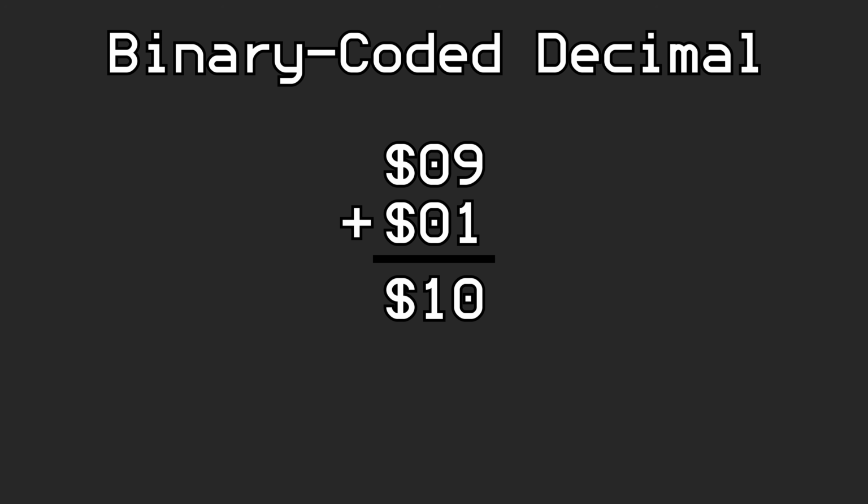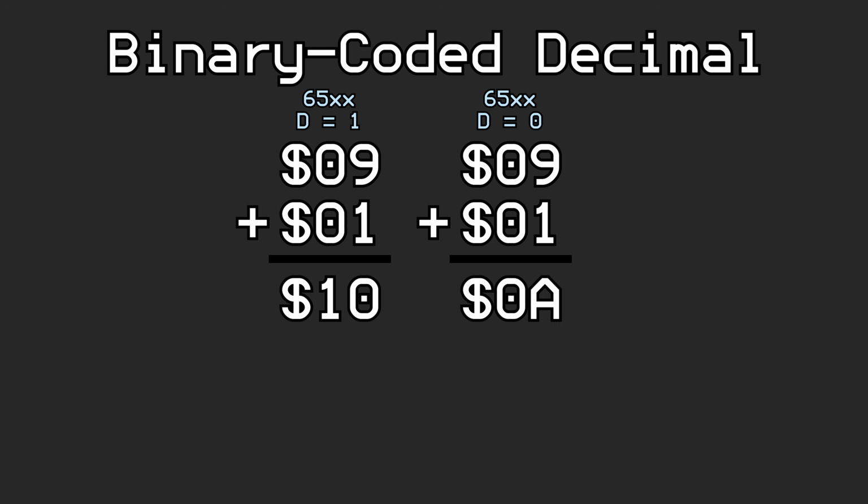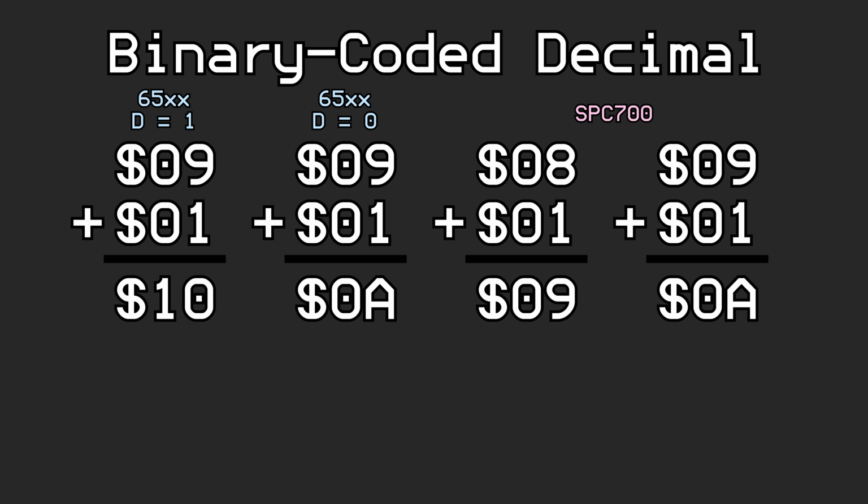On the 6500 series processors, BCD arithmetic is enabled by setting the D flag, and disabling it by clearing it. On the SPC700, however, the half carry flag H is what helps with BCD operations. After each addition and subtraction, the H flag indicates whether the result needs to be adjusted by 6 in order for the operation to be a proper BCD operation.